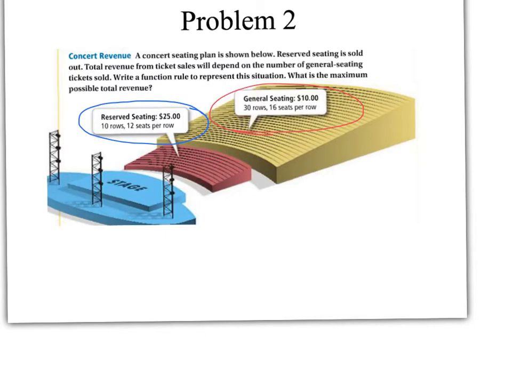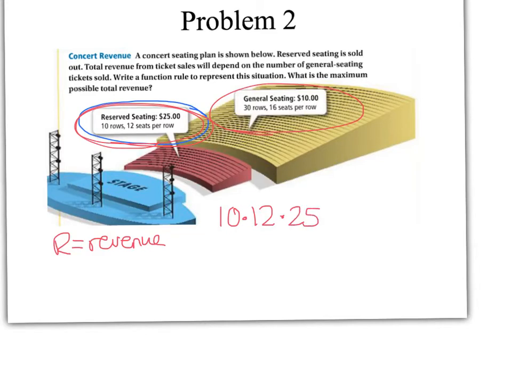So our 2 variables here, we're going to need R is going to be the revenue. And that's just like the total profit that they make. That's all revenue is. And then we need another variable. So if you think about it, how much money they're going to make, well, this is already sold out. So they've already made, let's see, there's 10 rows, there's 12 seats per row, and each seat costs $25.